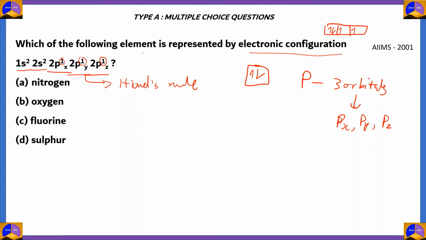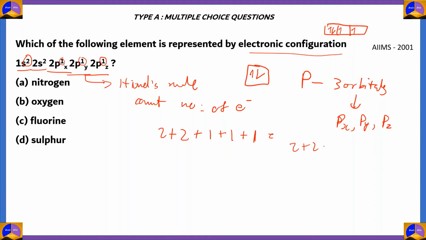So in order to find out which of the following element is represented, we need to count the number of electrons. So 1s2, that means 2 electrons, plus 2s2, that means 2 electrons, plus 2px1, that is 1 electron, plus 2py1, that is 1 electron, plus 2pz1, that is 1 electron.